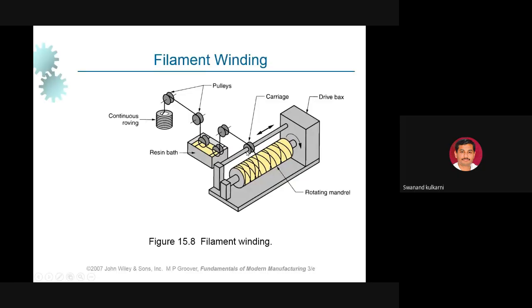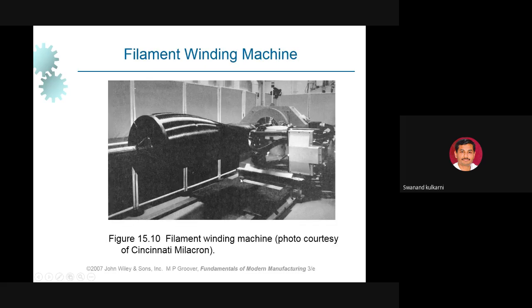Due to this reciprocating motion, and not only the rotating motion, this particular tape which is present here will get wound on this mandrel continuously. So you can see here how this filament winding machine works: the particular mandrel is present, and it is wound with the help of different filaments here.